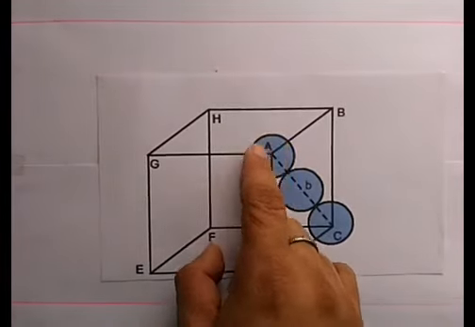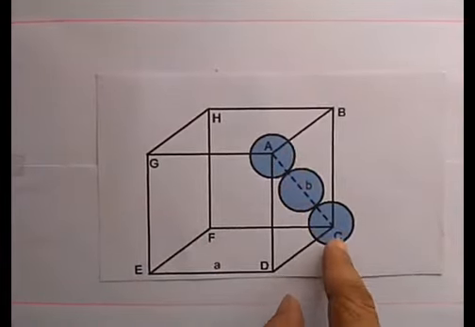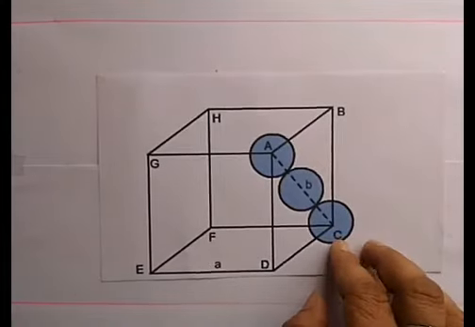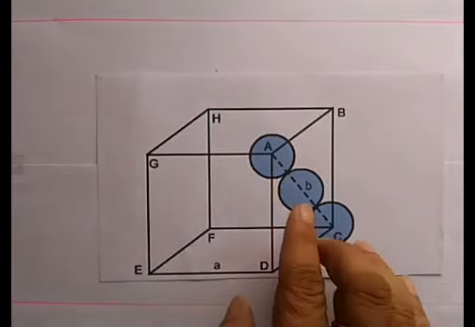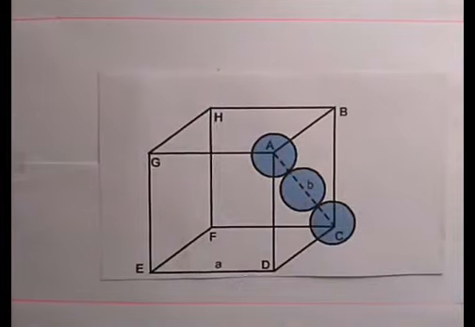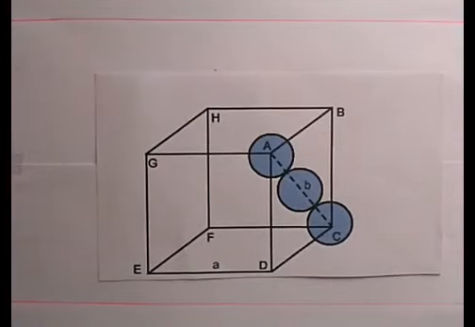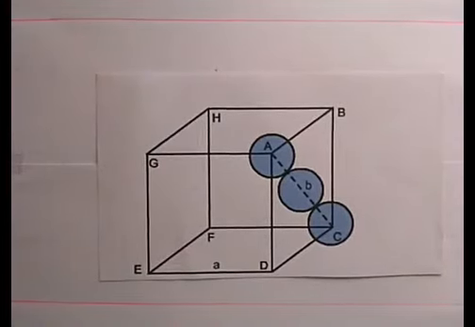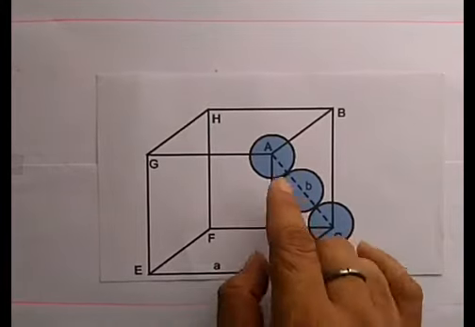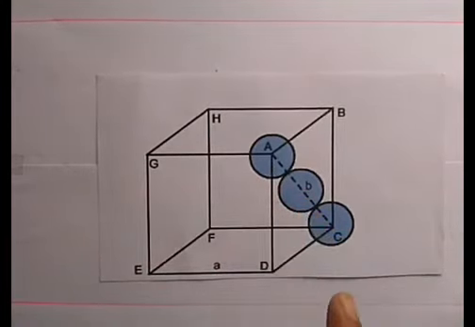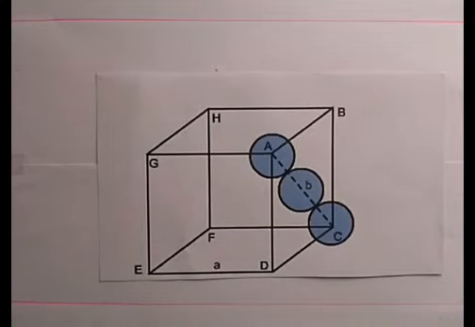This one is at the edge A and the other one is at C. There is one more in between these two atoms. This structure has three atoms in this drawing, and if we consider one edge to be A and the diagonal AC to be B in length, then we can calculate the packing efficiency.